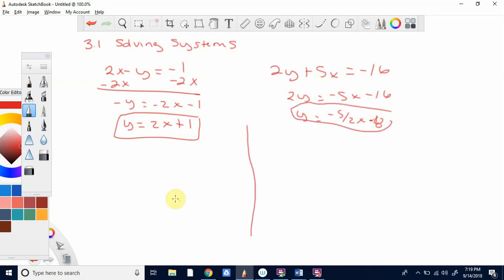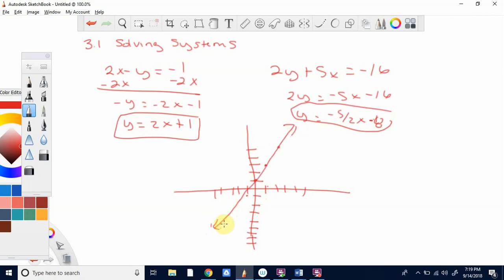If we graph them, we're going to count 1, 2, 3, 4, 5 on each axis. We're going to go up 2 over 1, up 2 over 1, down 2 over 1.